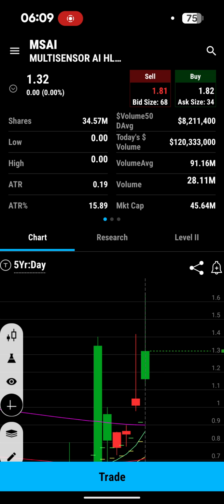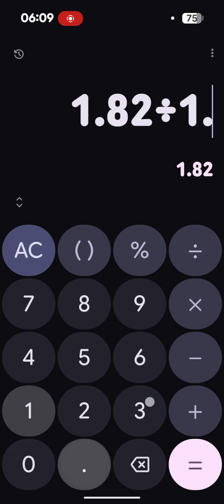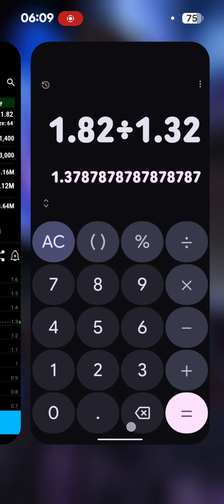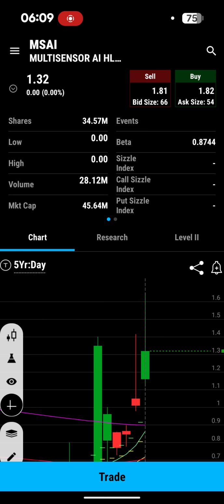Currently trading at 182. It closed at 132 yesterday. So that's up 37% after hours. And then finally, news is another thing I like to look for, some sort of catalyst or press release.